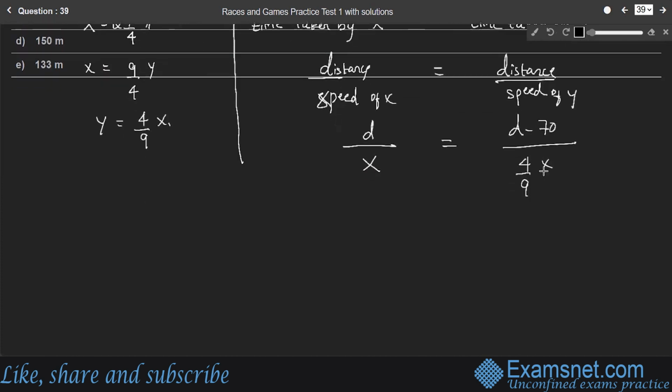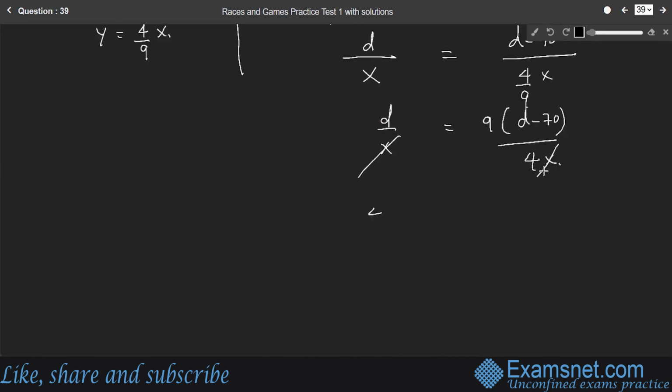Simplify it. Here d by x is equal to, 9 goes to numerator, it becomes 9 into d minus 70 by 4x. Can cancel x and x here. So it becomes 4d is equal to 9d minus 630. Therefore, 9d minus 4d is equal to 630.